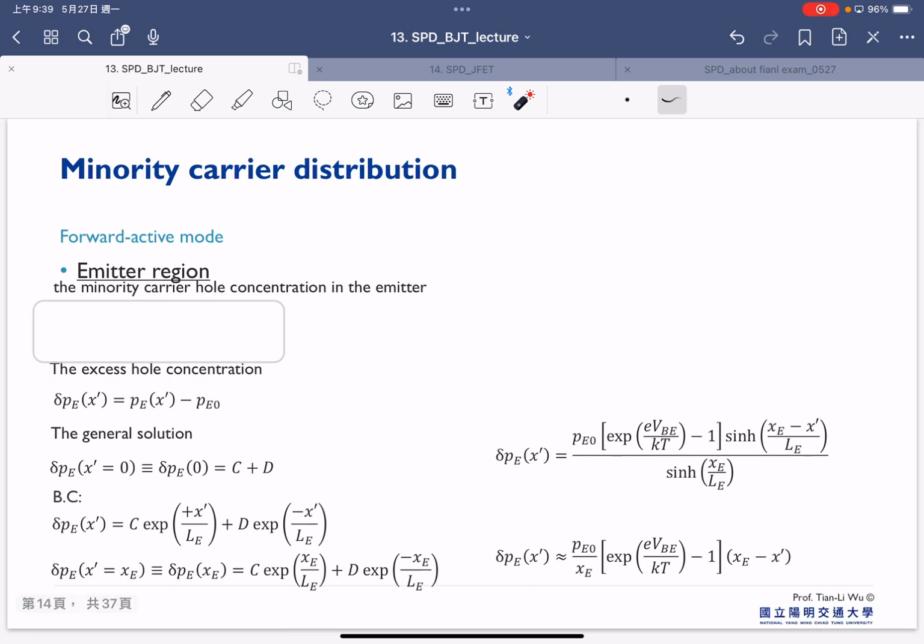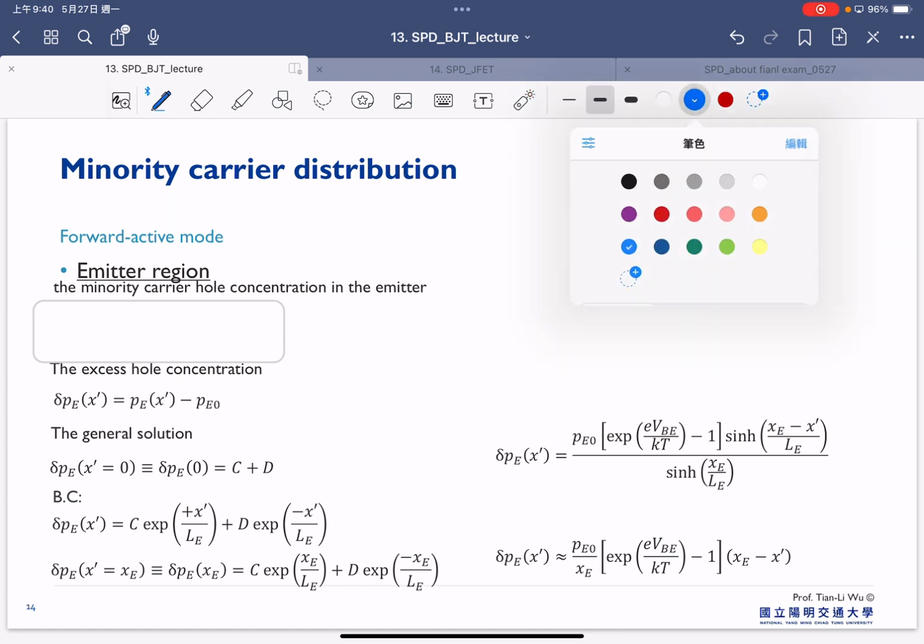Similarly, using a similar concept, we can calculate the excess hole concentration in the emitter region.